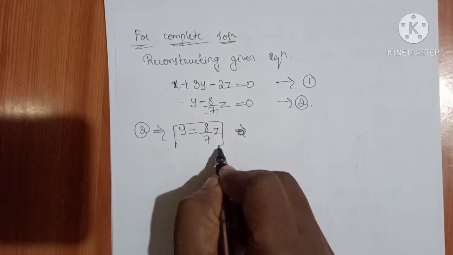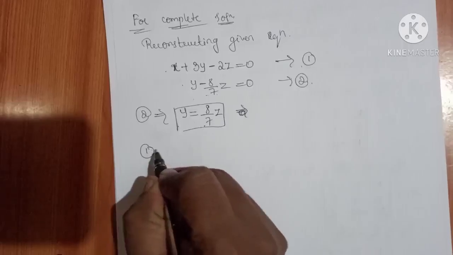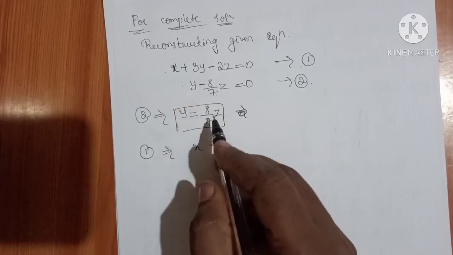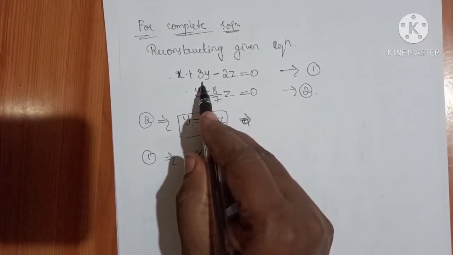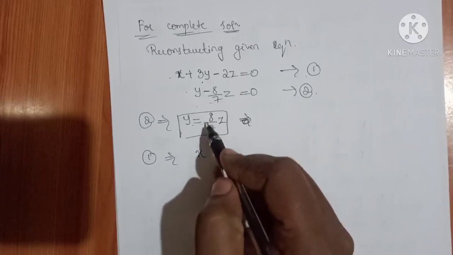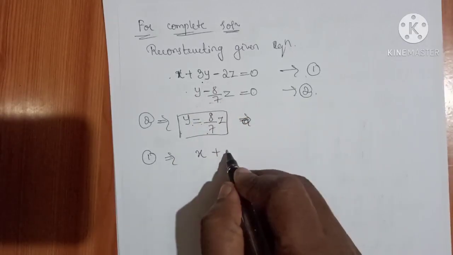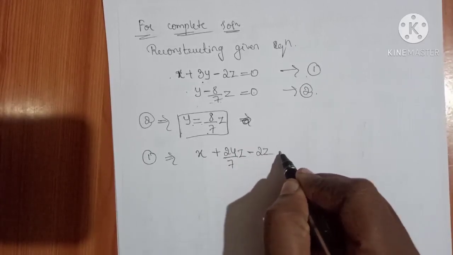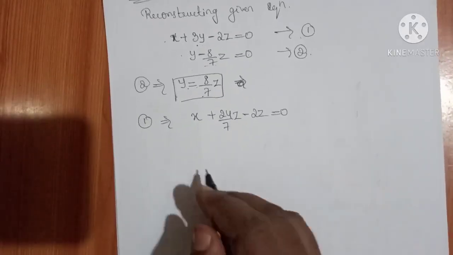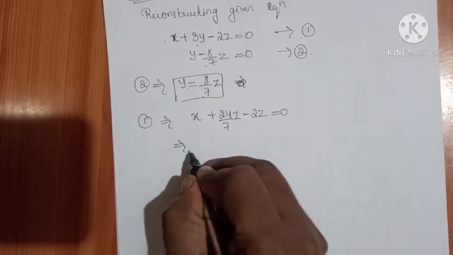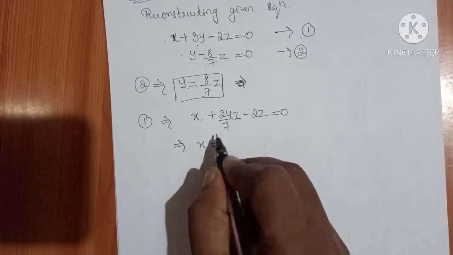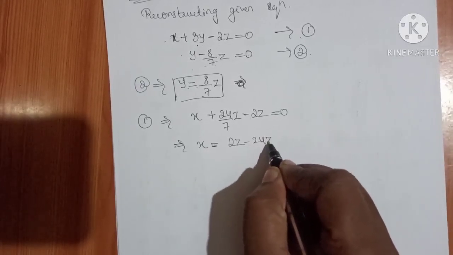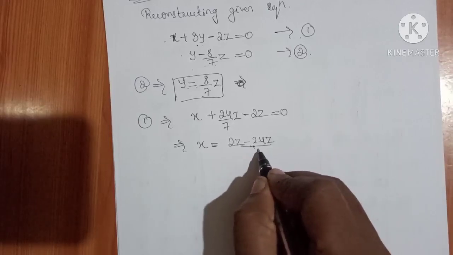Now substituting this value into equation 1, we get x as it is, plus 3 as it is, substituting y value 8 by 7, we get 3 into 8 equals 24, by 7 into z, minus 2z equals 0. Simplifying, we get x equals plus 2z minus 24z, divided by 7.